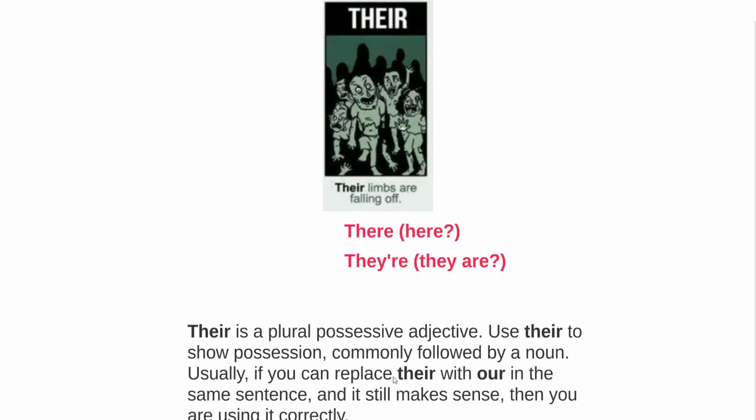Usually, if you can replace their with our in the same sentence and it still makes sense, then you are using it correctly. For example, our limbs are falling off, which would be a problem even if there wasn't a zombie apocalypse. Note that you can't use here. Here limbs are falling off. That doesn't make much sense, does it?